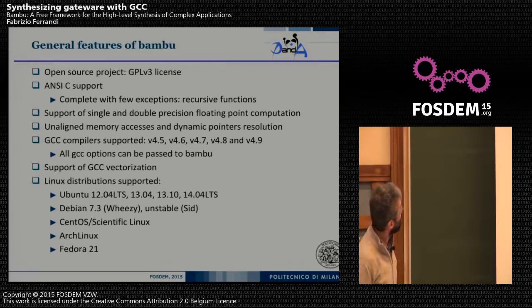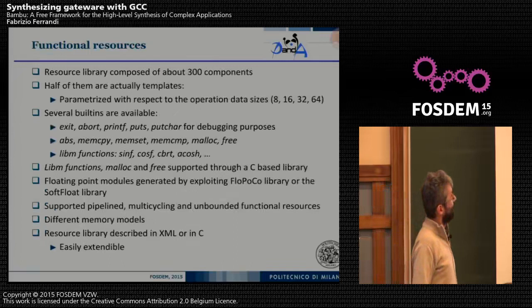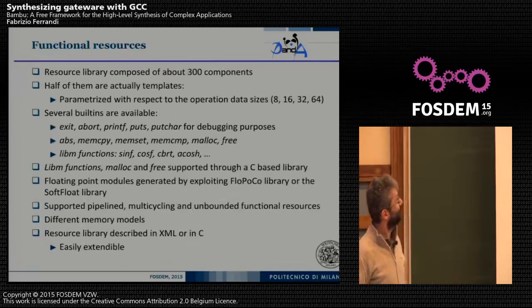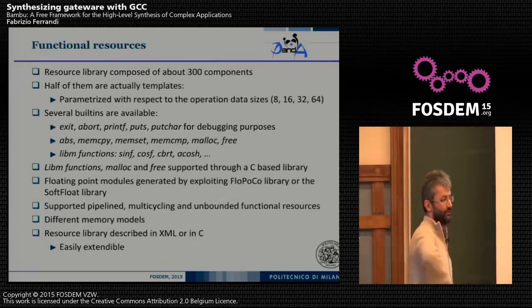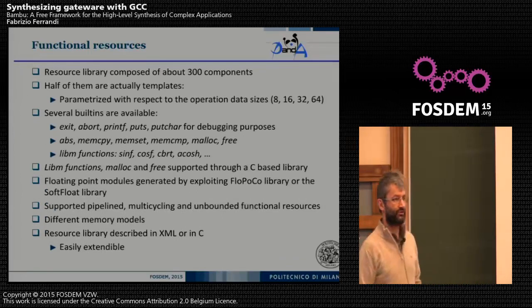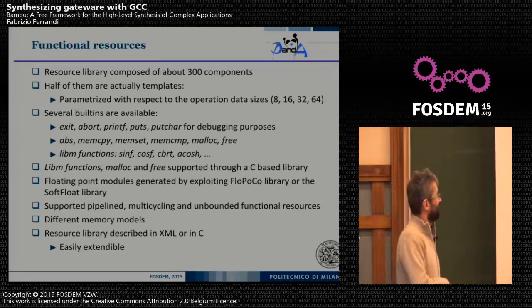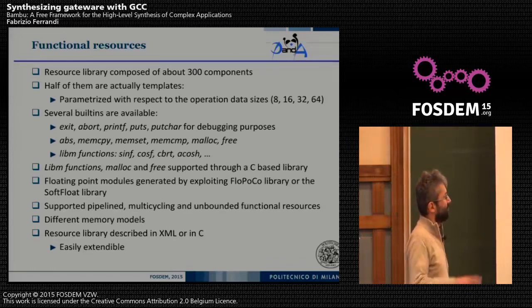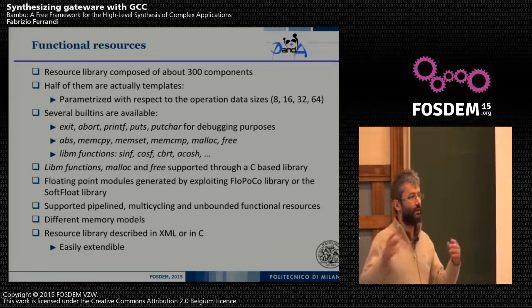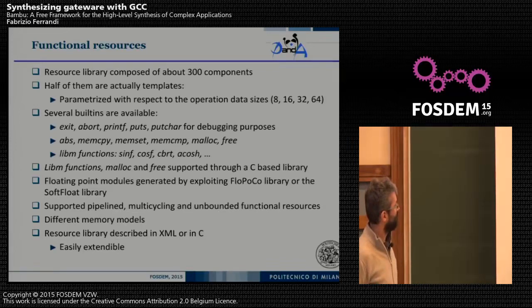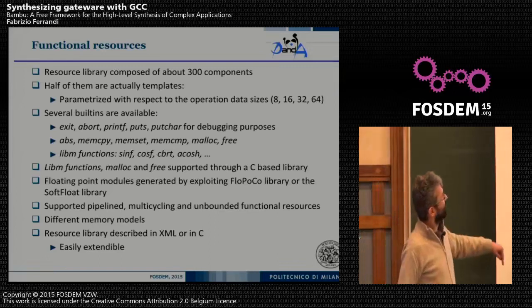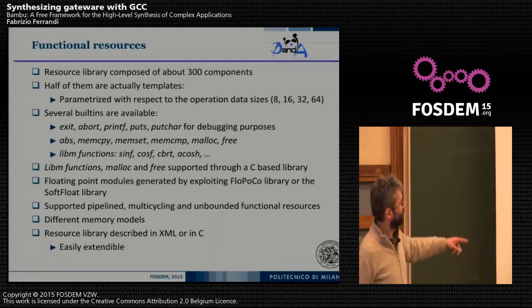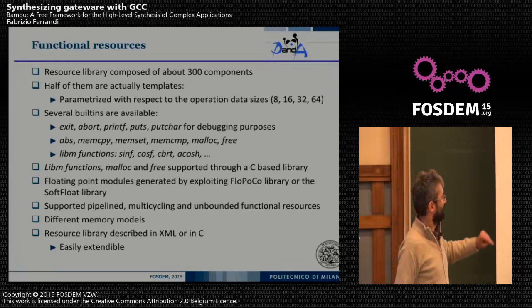And there is a rich set of components already developed that perform more or less all the basic functionality you may have at lower level internally in GCC, from addition, subtraction, support of floating point, whatever you may have. All of these are described in open source with an XML description that could be easily extendable.